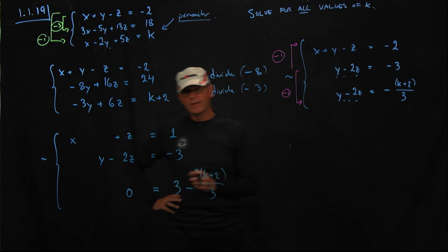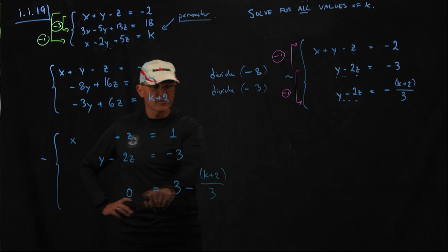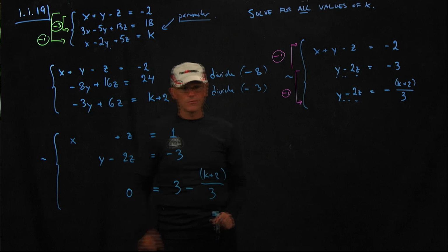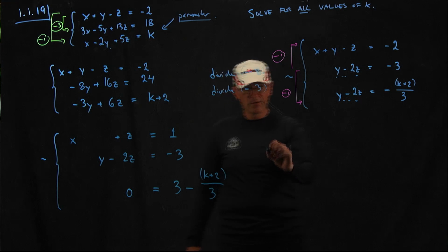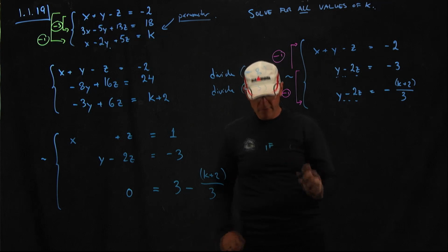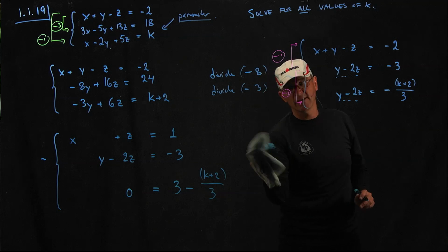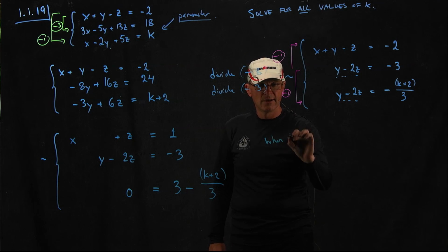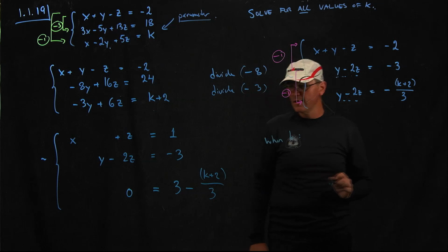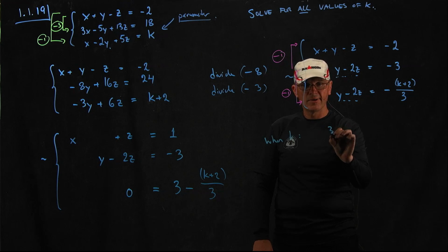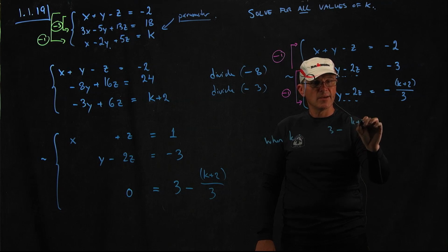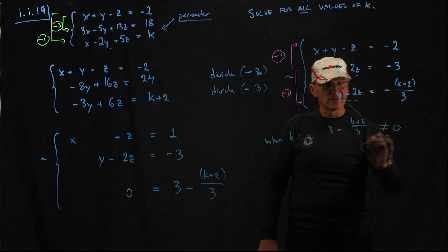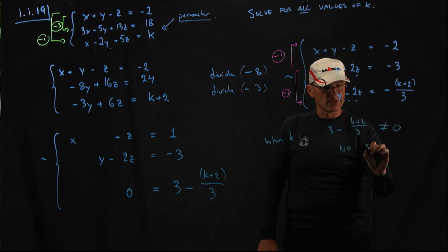So now, if this says 0 equals something non-zero, we would have no solutions, right? So if, well, I should say 1, right, because k is a parameter here. So when k is such that 3 minus (k plus 2) over 3 is non-zero, we have no solutions.